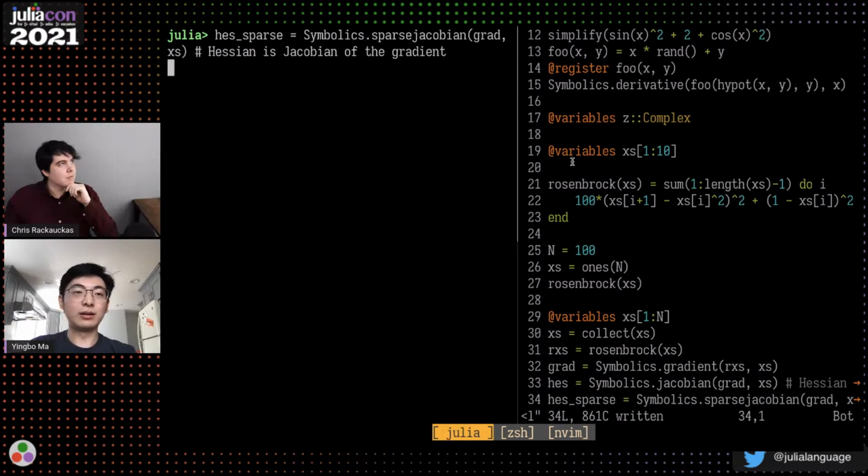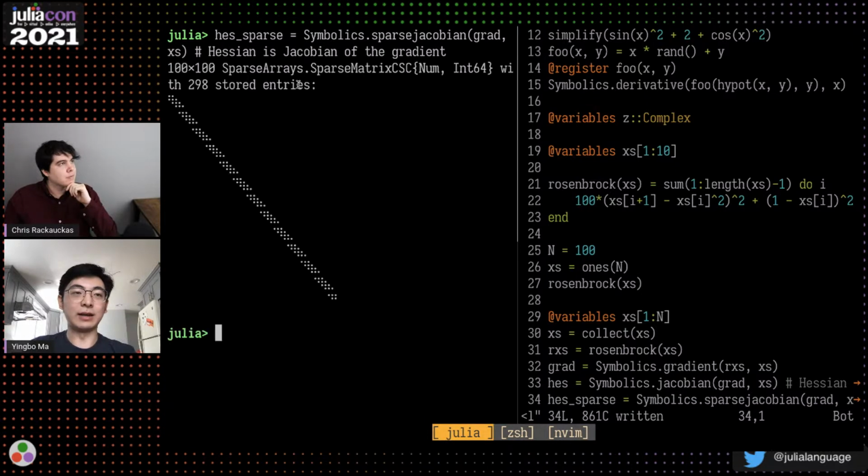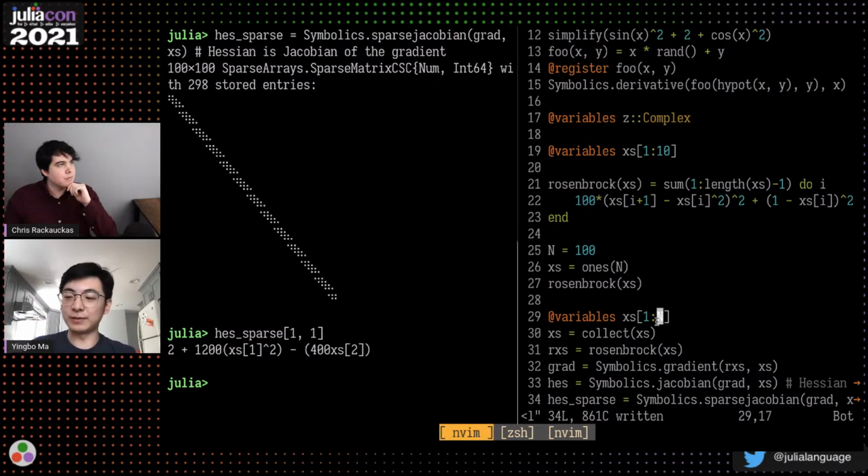In here, it will give us a sparse representation of the Hessian. And then, of course, this sparse Hessian matrix is still symbolic valued, so each non-zero entry is a symbolic expression.